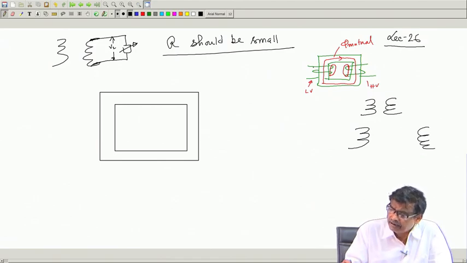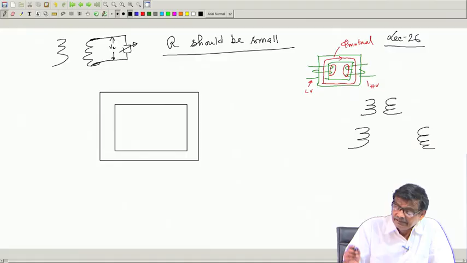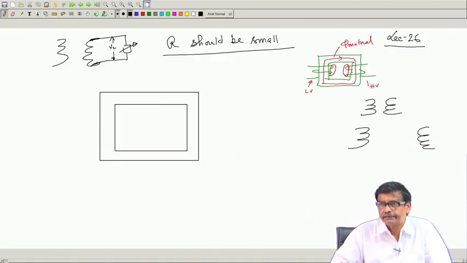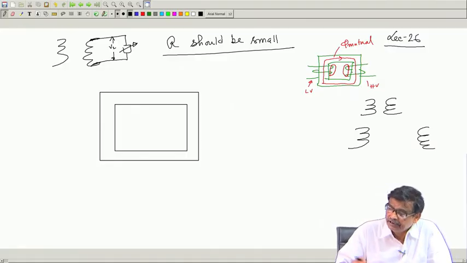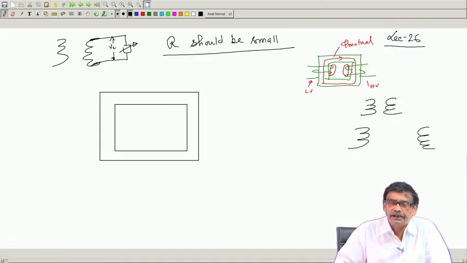Therefore, if LV side coil is wound on limb 1 and HV side is totally wound on limb 2, there is separation and leakage flux is there. But this can be reduced to a great extent if both the windings are distributed in both the limbs.